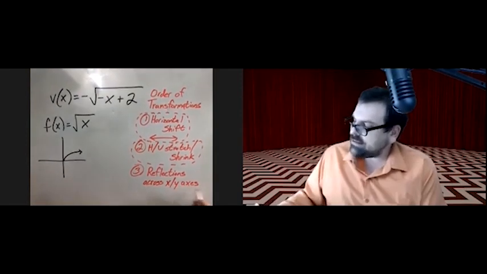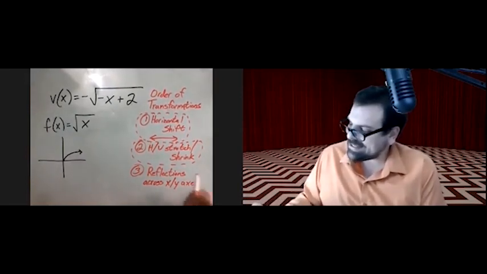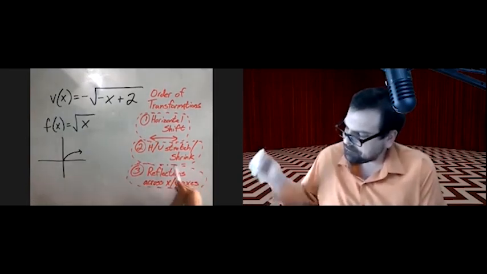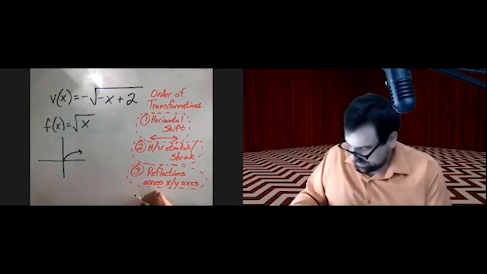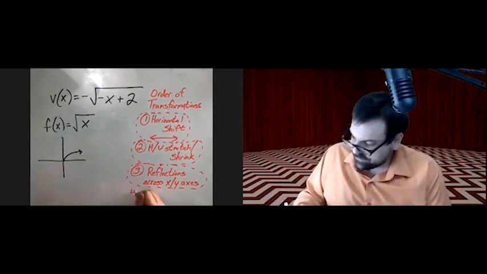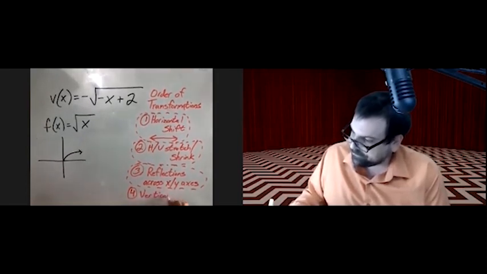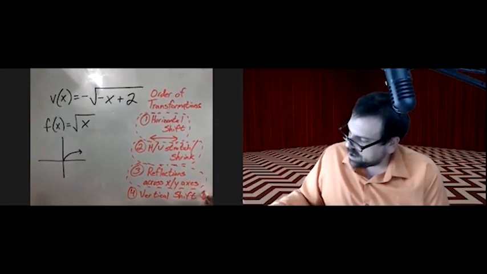Over the axes, A-X-E-S is the plural of axis, A-X-I-S. And then finally, the vertical shift. Our up, down.